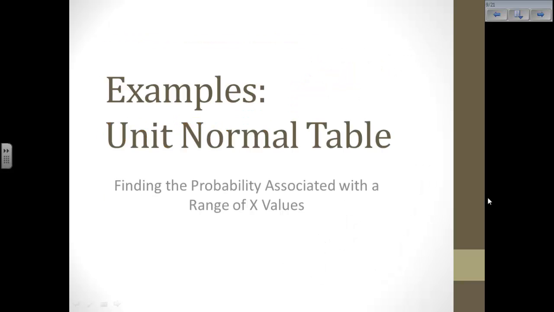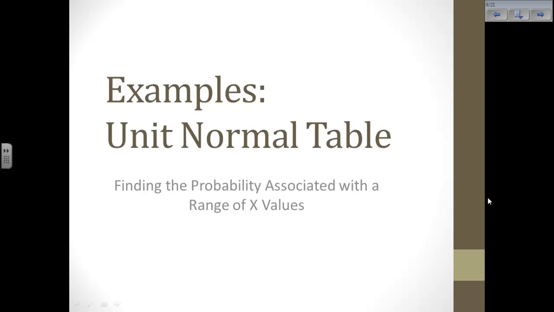So unfortunately, you usually don't have the z-score. Usually, if you're looking for probabilities, you're looking for the probabilities of specific x values or ranges of x values. So when you don't have the z-score, you have to calculate it based on x, and then you can use that z-score to go to the unit normal table.